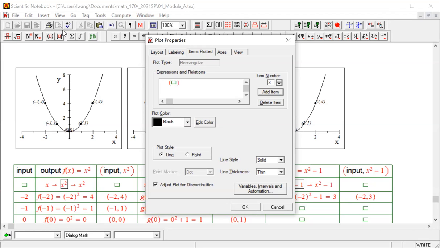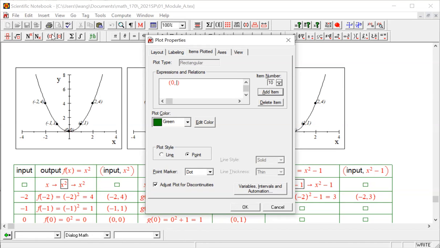For -2, the output is 5, a point. And for the input -1, the output is going to be plus 1, now it's 2.